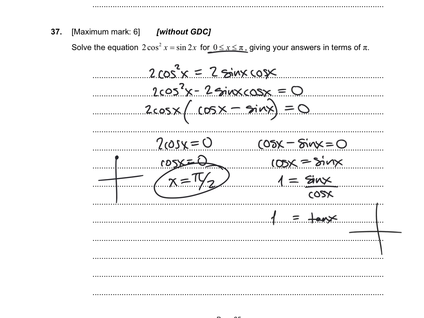So tangent is 1 here and here. But since we're only between 0 and pi, it's just here at pi over 4. Because with the hand, we want sine and cosine to be the same because it's going to be root 2 over 2 over root 2 over 2. Okay?